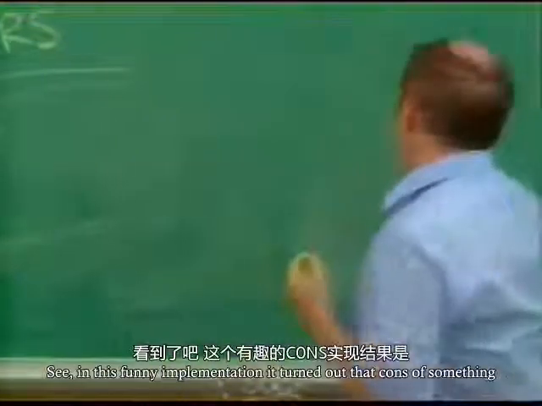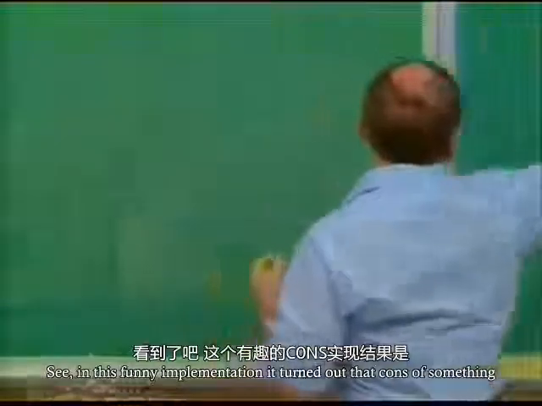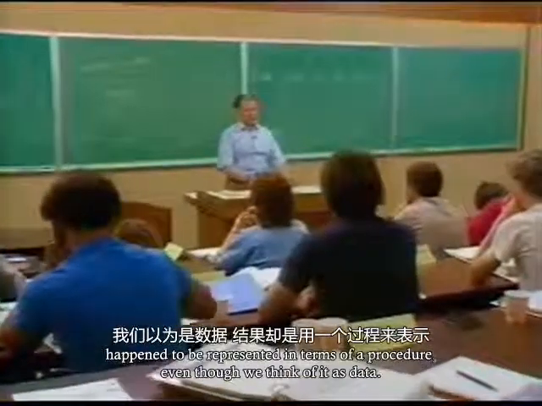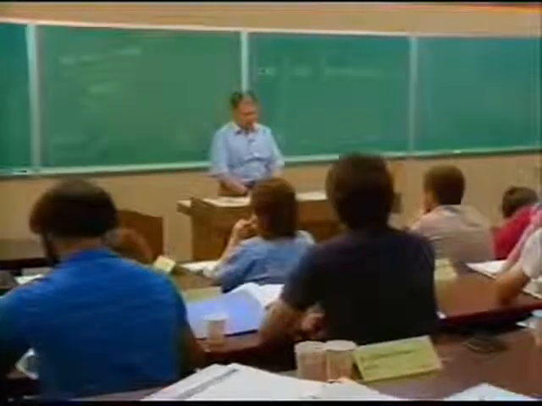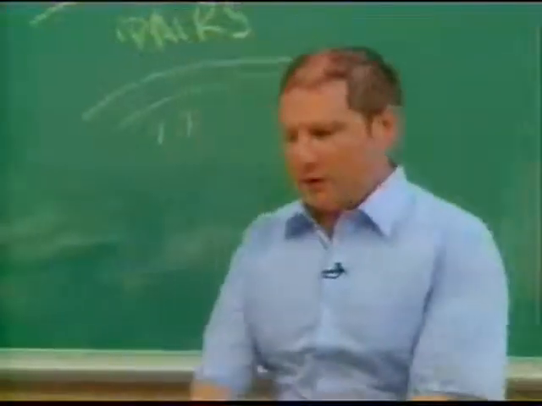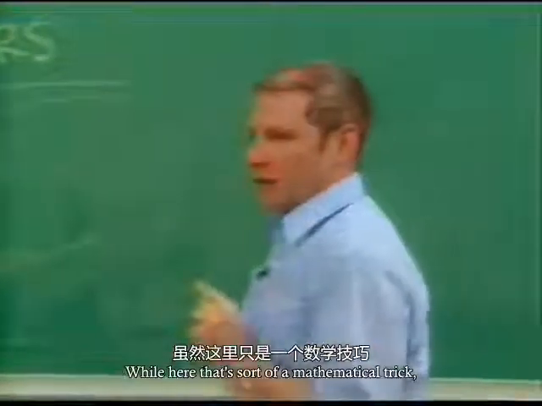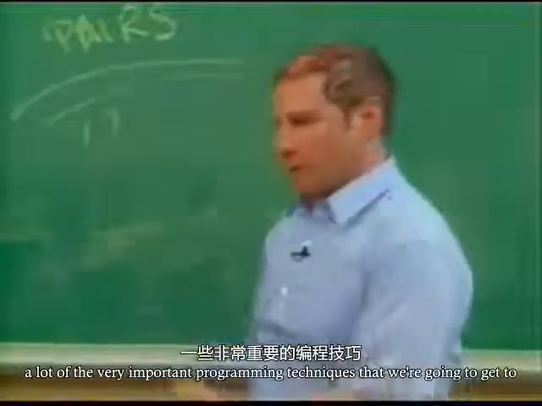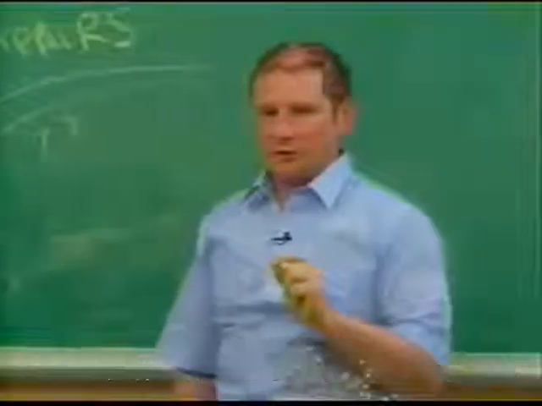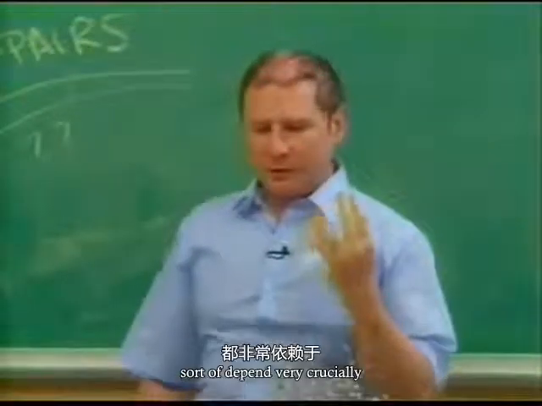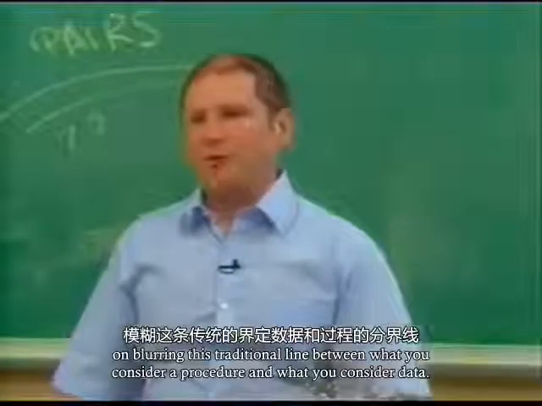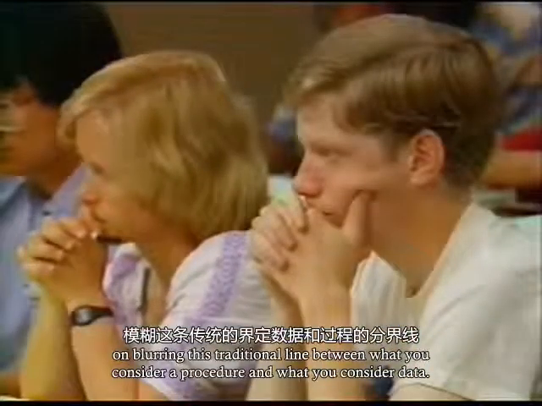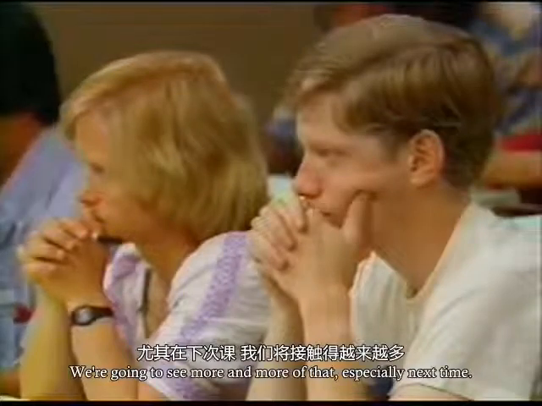In this funny implementation, it turned out that cons of something happens to be represented in terms of a procedure, even though we think of it as data. Here that's sort of a mathematical trick, but one of the things we'll see is that a lot of the very important programming techniques that we're going to get to depend very crucially on blurring this traditional line between what you consider a procedure and what you consider data. We're going to see more and more of that, especially next time.